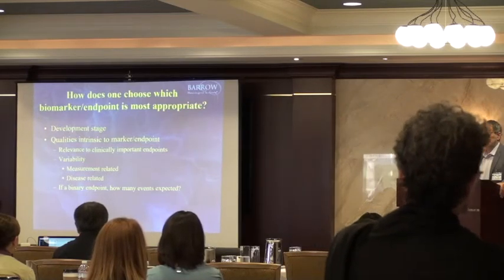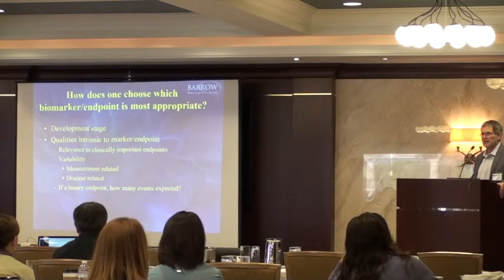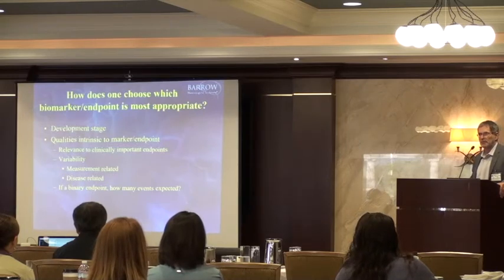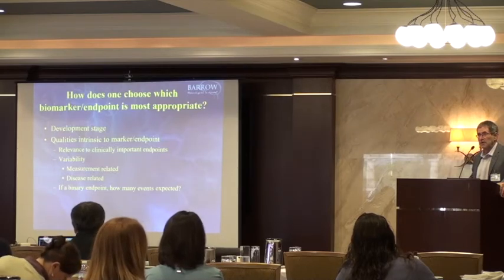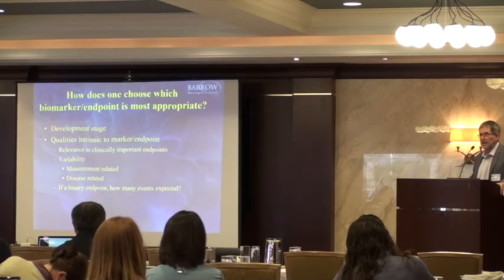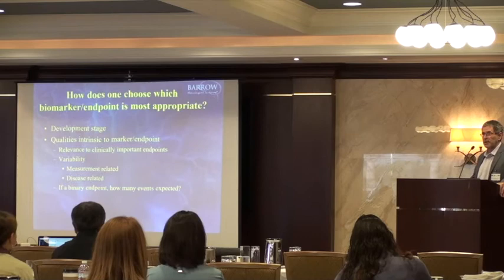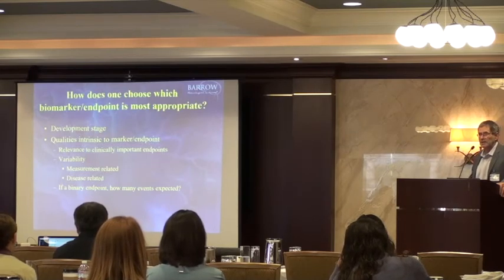In a middle phase study where you're really trying to make a decision of is my drug active and important, you would want to pick the most sensitively changing muscle, most rapidly changing muscle, because most likely that would be the one that would see a change to your intervention. Later on, it's a discussion with regulators and other folks as to what constitutes the importance of your effect. And so it's a much more complex discussion.